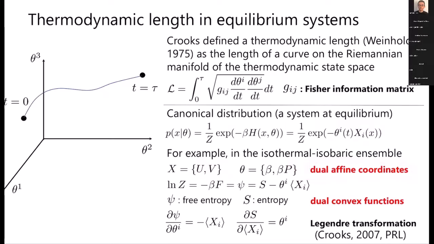The two dual convex functions, by the way, are free entropy and entropy. And these affine coordinates are related by the Legendre transformation. That's how information geometry was introduced in the interpretation of thermodynamic length. But again, this is limited to equilibrium systems.